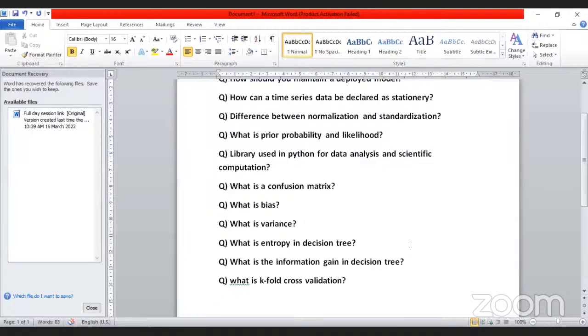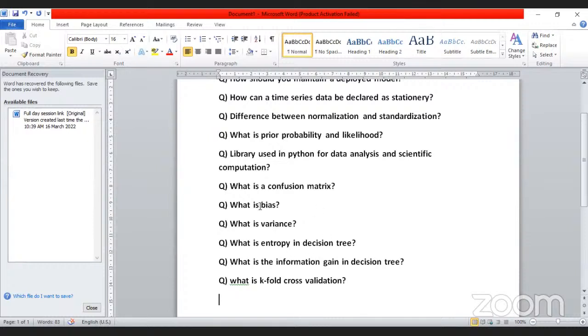Whenever we have a data set, in k-fold we divide the data into k parts. Then we take the loop, and that loop runs k times.